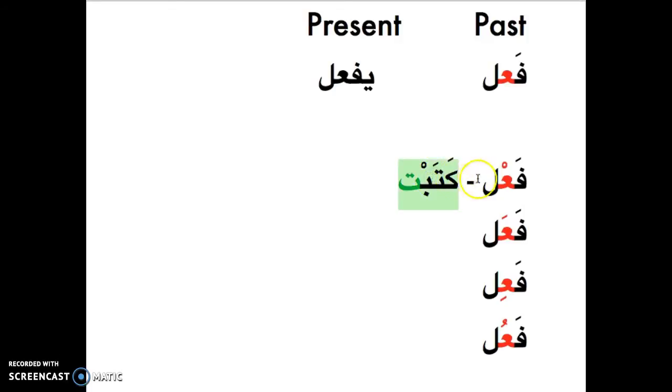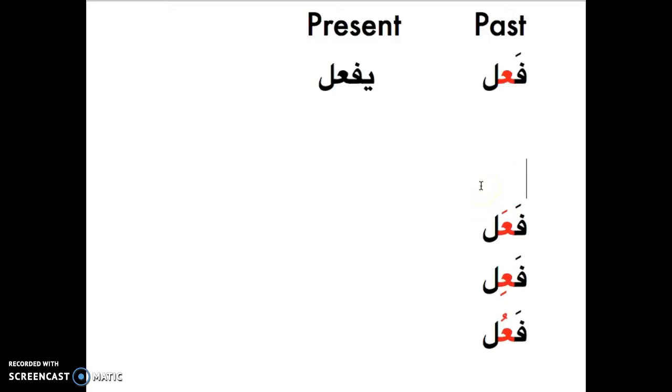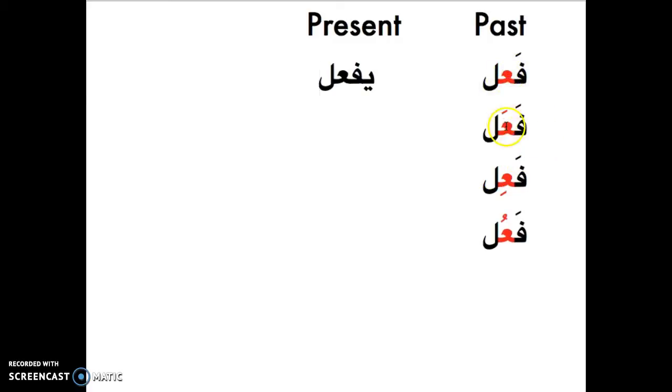So because of that, this option doesn't exist. We don't have it. So the ain cannot be stationary, but it can be open or broken or closed. So you can have a damma or a kasra or a fatha.